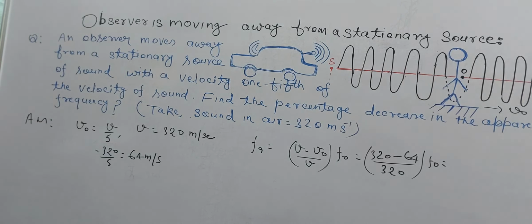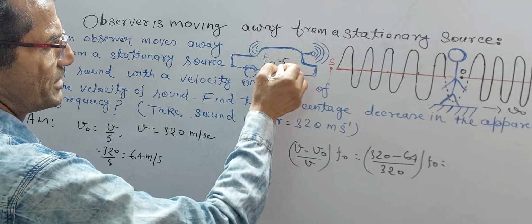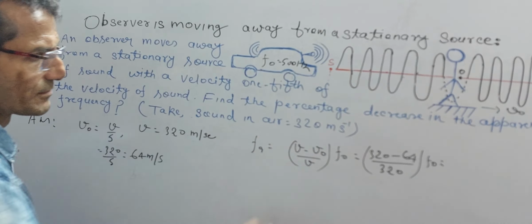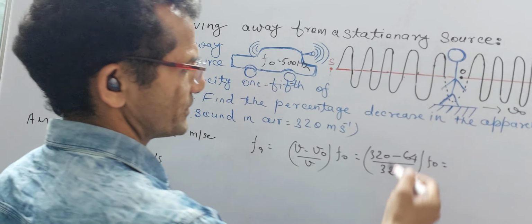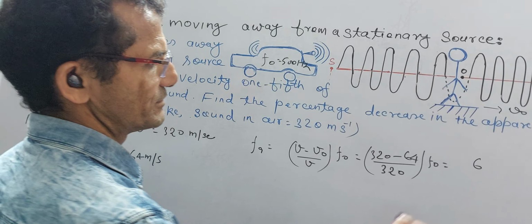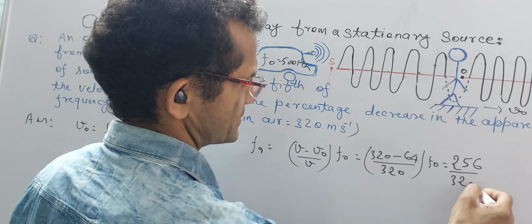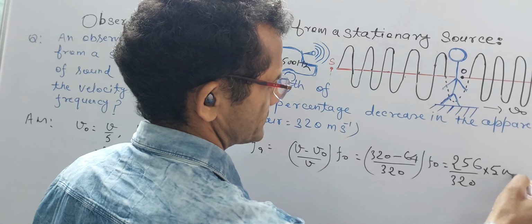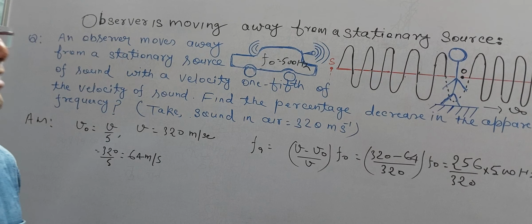Let us suppose the stationary source has frequency f naught equal to 500 hertz. So 320 minus 64 becomes 256, divided by 320 into 500. So this much frequency is heard by the observer.